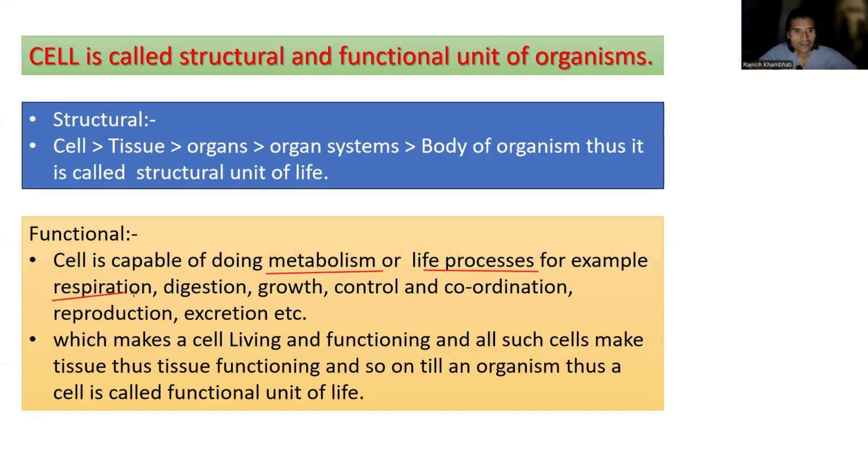Examples are that a cell can do respiration, digestion, growth, control and coordination, a cell can reproduce, and a cell can excrete, etc. These are the functions a cell can perform. And when a cell can perform these functions, the cell becomes alive. And when the cell becomes alive, the tissue becomes alive, then the organ becomes alive, and likewise the whole organ system and the whole organism become alive.